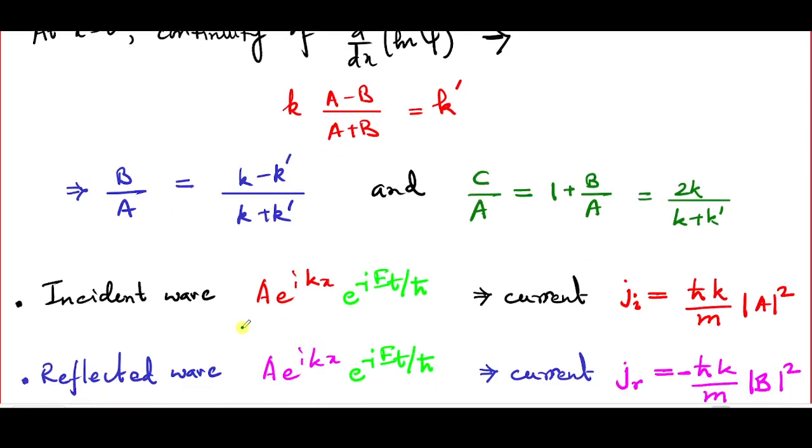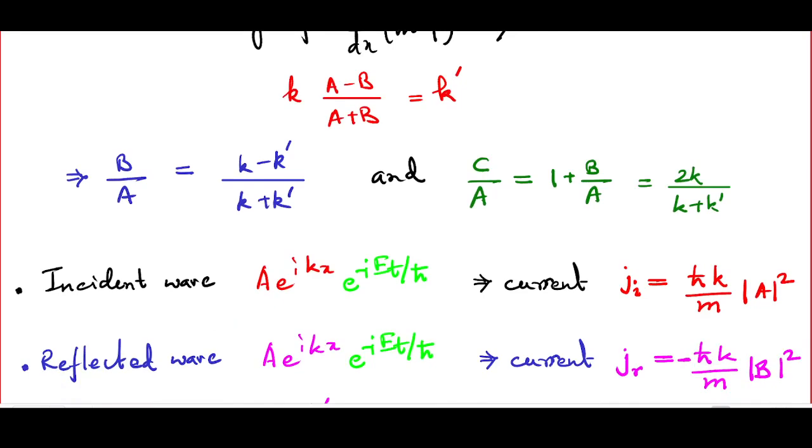The reflected wave, now this is a mistake, this should be b e^(-ikx) times e^(-iEt/h cross). This is a wave traveling to the left. It is already to the left of the step and is traveling to the left.